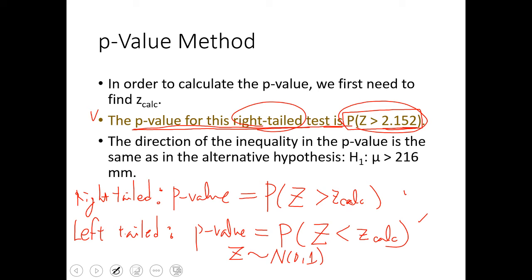So if this p-value is less than 5%, then we reject this null hypothesis and select the alternative hypothesis as the conclusion.